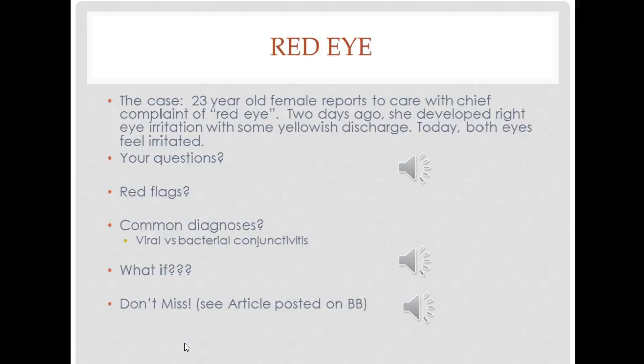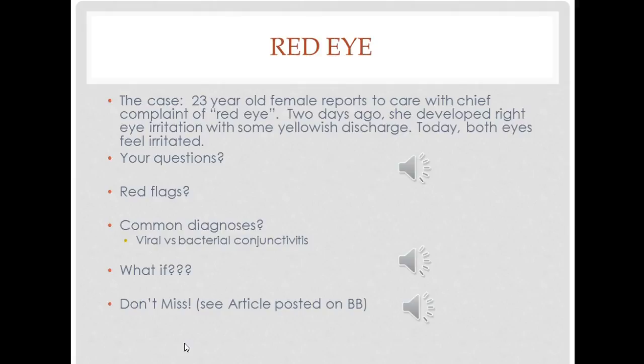If she had a history of eczema and atopy, and reported that the symptoms had been ongoing and kind of vague for a couple of weeks, we would think more in the allergic realm. But right now, we're kind of thinking, again, either viral or bacterial conjunctivitis.